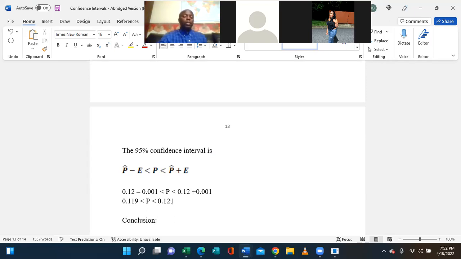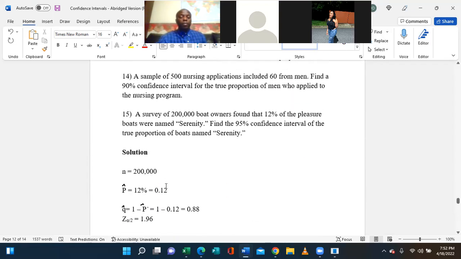Now, the question was to find the 95% confidence interval of the proportion of boats named Serenity.